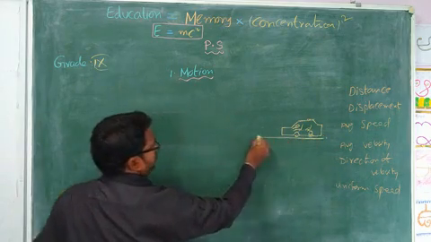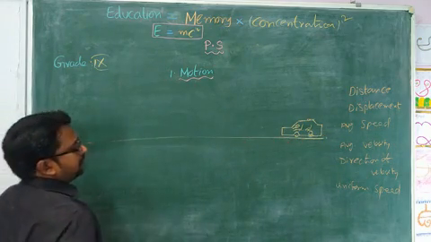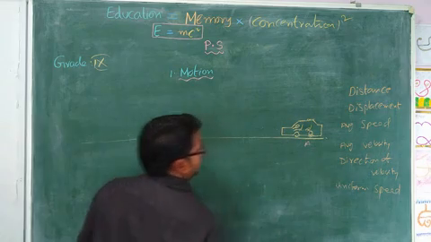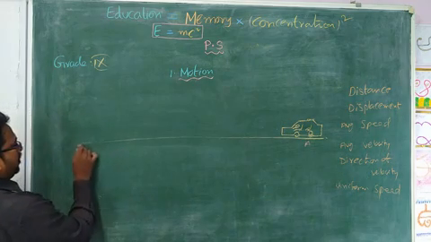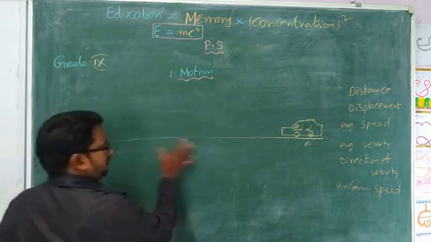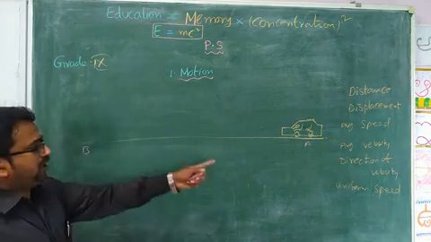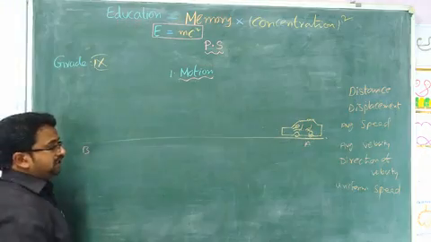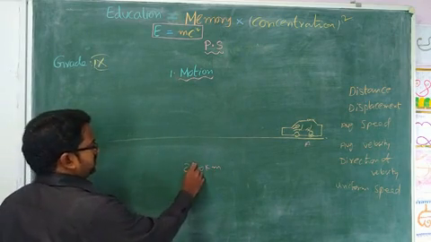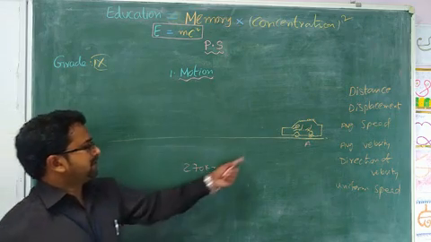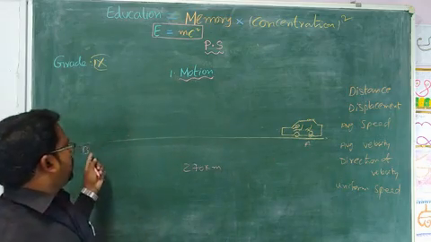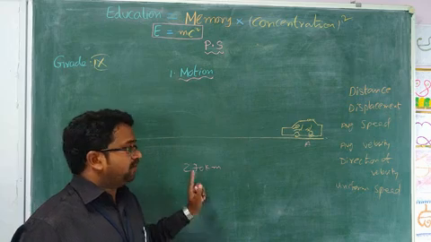It is at point A presently, and it has to reach point B. Let us consider the distance from A to B as 270 kilometers.